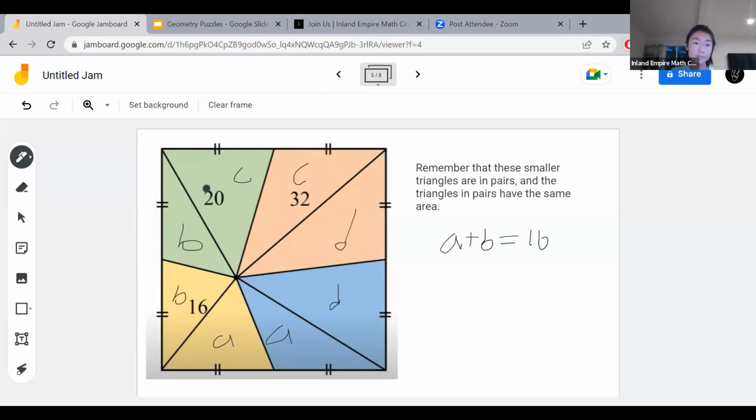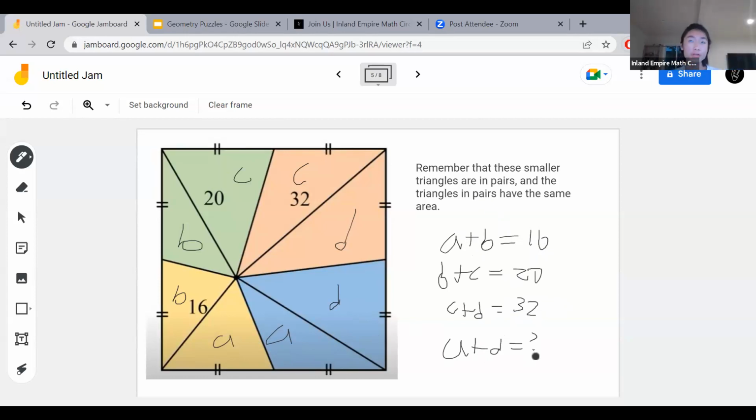B plus C up here will give us 20. C plus D equals 32. And then A plus D will be equal to question mark. That's what we're going to be looking for.